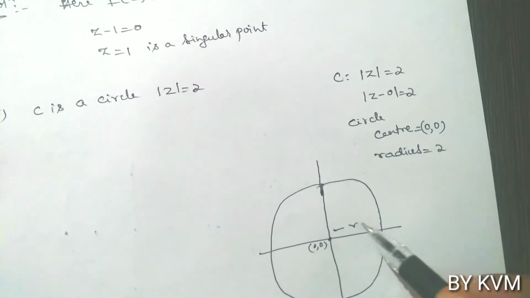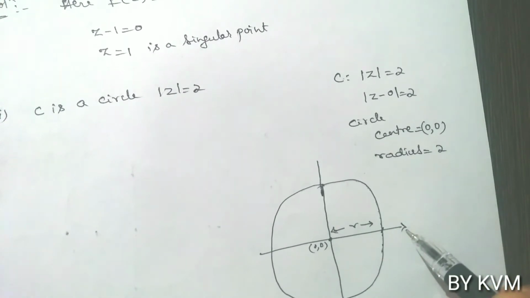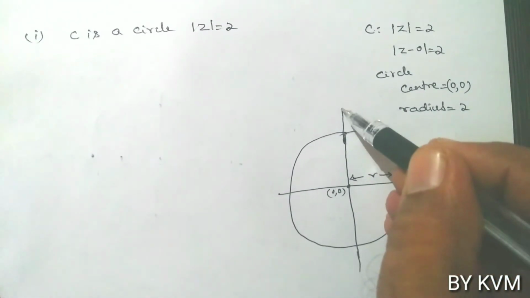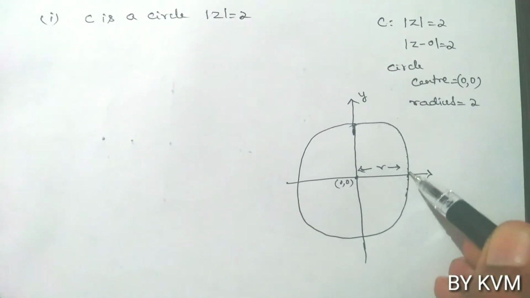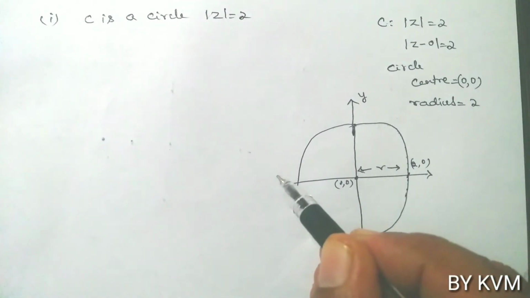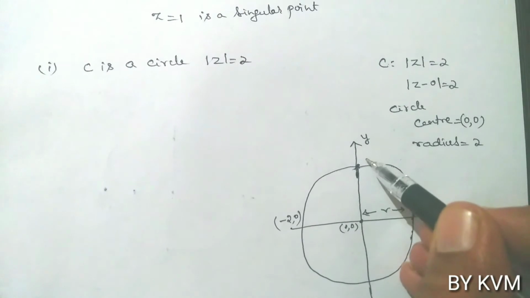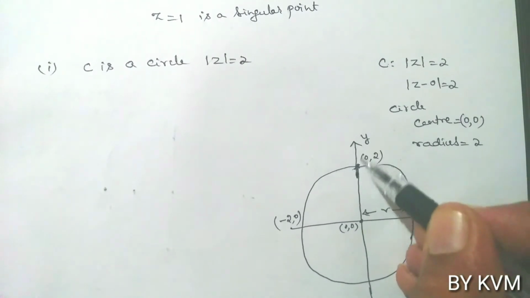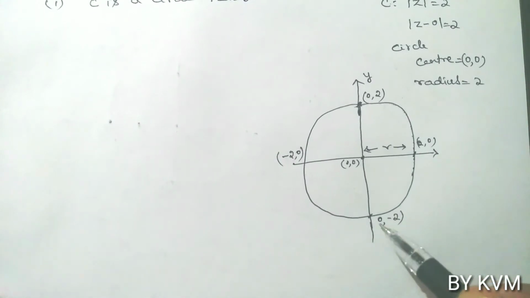The x-axis is the real axis and the y-axis is the imaginary axis. The point on the x-axis is 2 comma 0, to the left side it is minus 2 comma 0. The point on the y-axis is 0 comma 2, and on the negative side it is 0 comma minus 2.